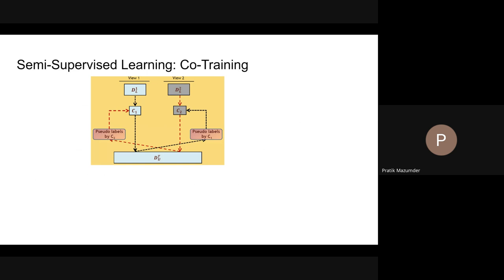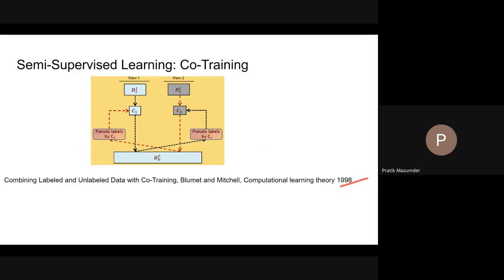Okay, so we'll look at a very famous semi-supervised learning approach known as co-training. The original method is actually very old. It's from '98, but in those days it was not specifically designed for deep learning applications. It used very basic forms of neural networks and other things.